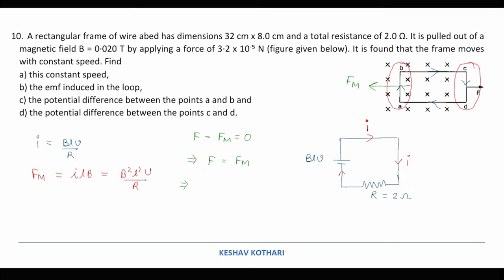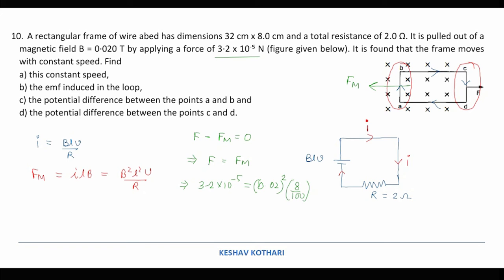So the value of force is given to us as 3.2 into 10 to the power minus 5, which is equal to B square, where the magnetic field B is equal to 0.02. Then we are talking about the length segment. Over here the length which we are referring to is the 8 centimeter length, so we are taking it as 8 by 100 in meter.